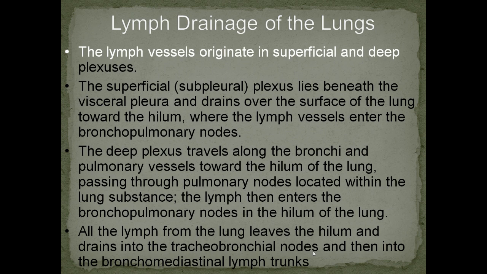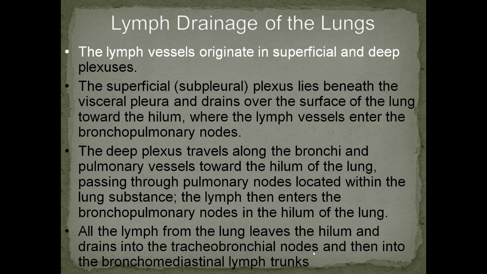Now we will see the lymph drainage of the lungs. The lymph vessels originate in the superficial and the deep plexus. The superficial plexus lies beneath the visceral pleura and drains over the surface of the lung towards the hilum, where the lymph vessels enter the bronchopulmonary nodes.